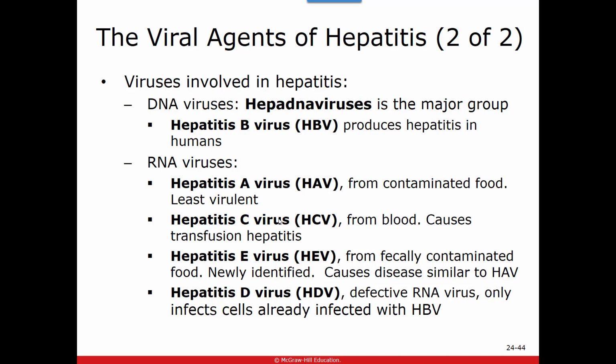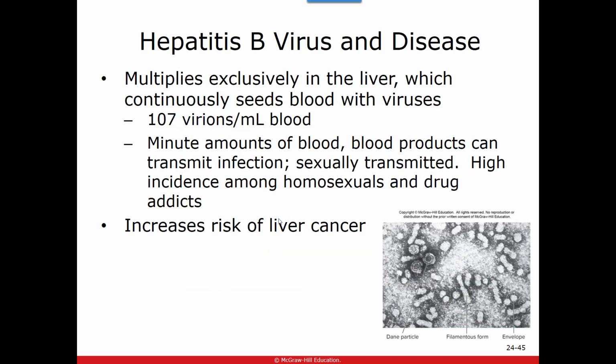So hepatitis B, it multiplies exclusively in the liver. It's attracted to the liver, causes issues in the liver, and as it's reproducing in there, it is constantly putting viruses in the blood. Now, it's transmitted by any kind of blood transfusion.